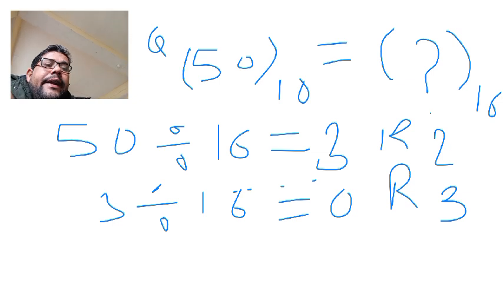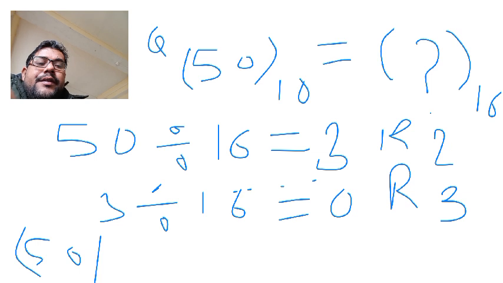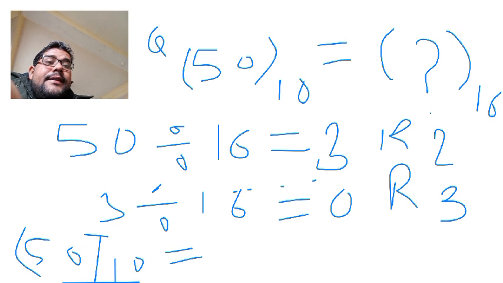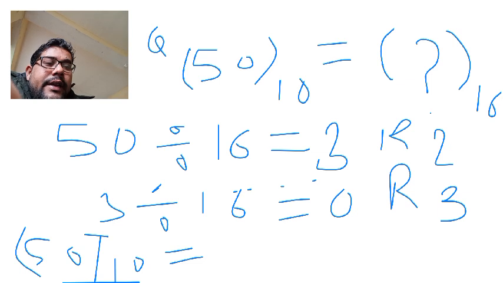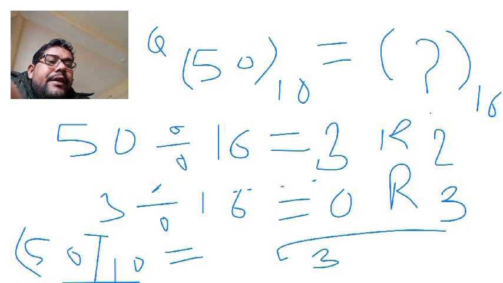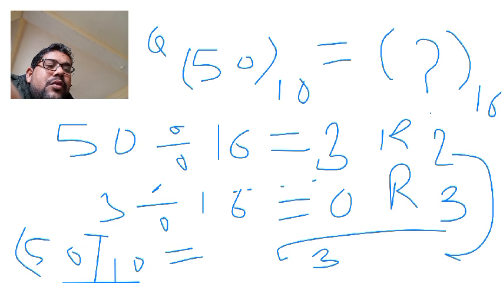So in this way we can write this number. For the hexadecimal of the decimal number 50, we write 3 and then 2.